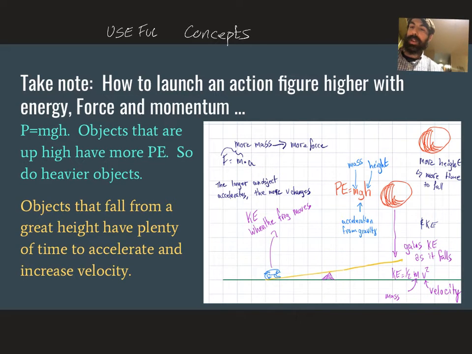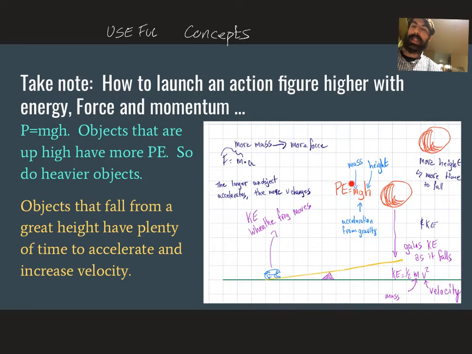However, the longer an object accelerates, like from higher up, the more its velocity changes. So, a higher object has more time to fall and gain velocity. So it turns out that kinetic energy depends on velocity. So an object that falls for a long time has more kinetic energy.